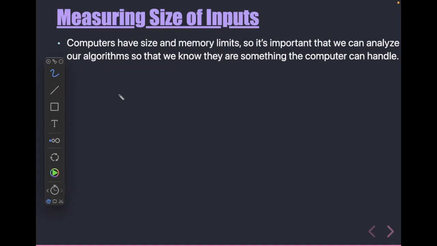The idea is that computers have size and memory limits. So sometimes you want to design your algorithm intelligently so that it's not running forever, or taking 5 years to run, or filling up your entire memory. There are ways to mathematically describe these algorithms so we can make more guarantees about what they're doing.